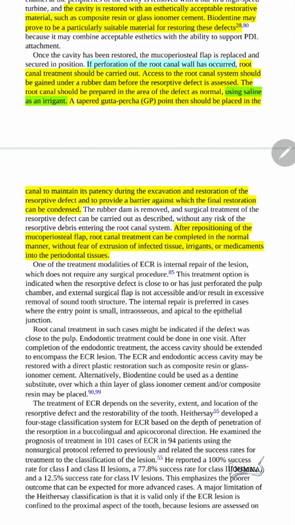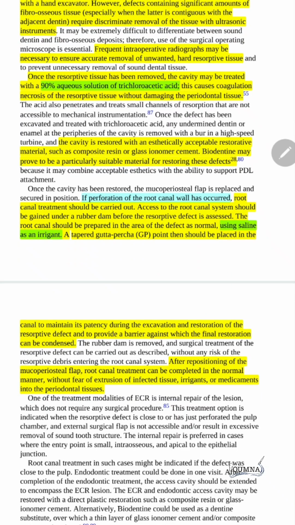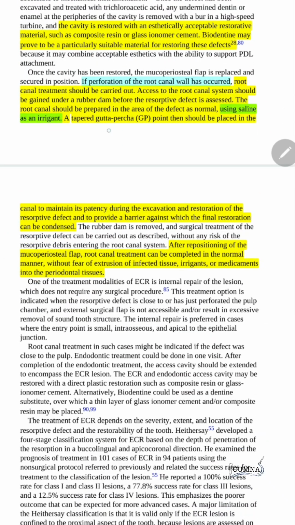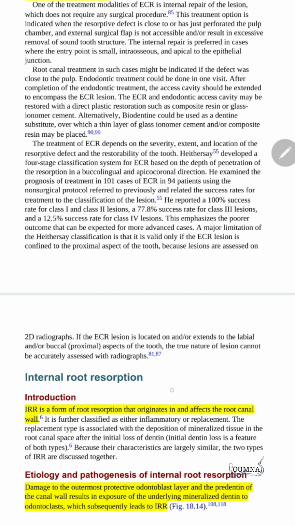Then after we finish the steps that we said before, we close the flap and continue the root canal treatment as normal, without the fear of extrusion of infected tissue or the irrigants or medications into the periodontal tissue.